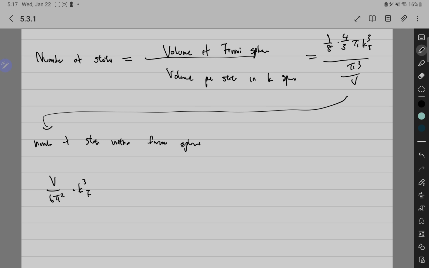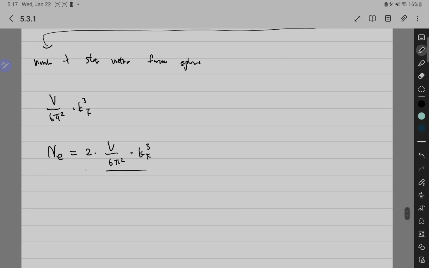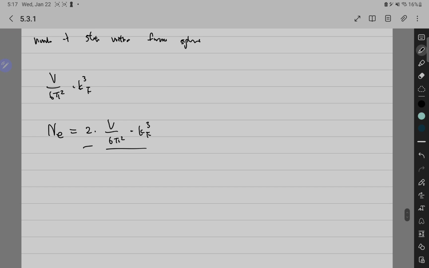So the number of electrons, Ne, is 2 times V over 6π² times kF³. This is the number of states, and this is how many electrons each state holds due to the Pauli exclusion principle.